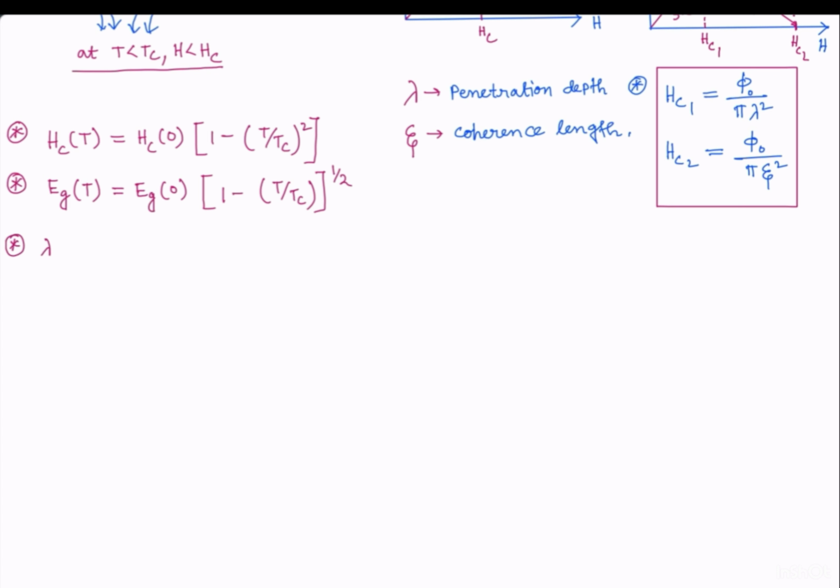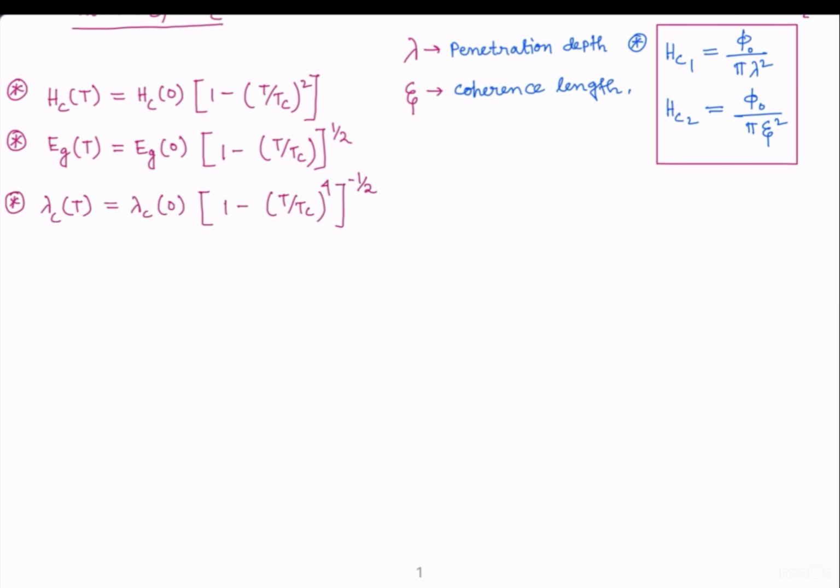Next, lambda at temperature T, the penetration depth, equals the penetration depth at 0 Kelvin into 1 minus (T by Tc) to the power 4, whole to the power minus one half. Actually lambda T will be the critical penetration depth at temperature T, and lambda 0 is the critical penetration depth at temperature 0.